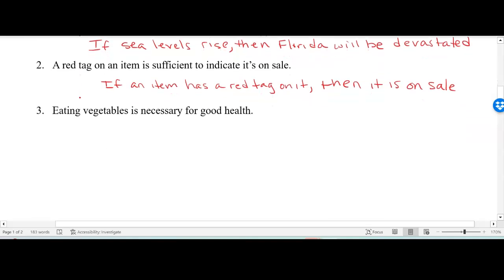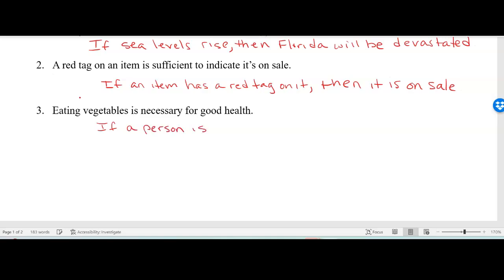But what we're saying then, if a person is in good health, so what I meant by when we went back up to that chart, this is your Q and this is your P, because it said the Q would be first. If a person is in good health, then the person eats vegetables.